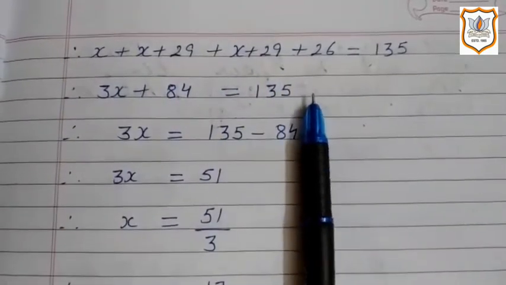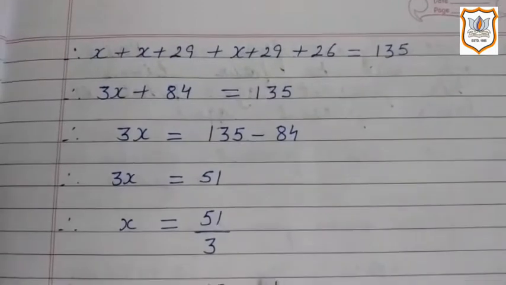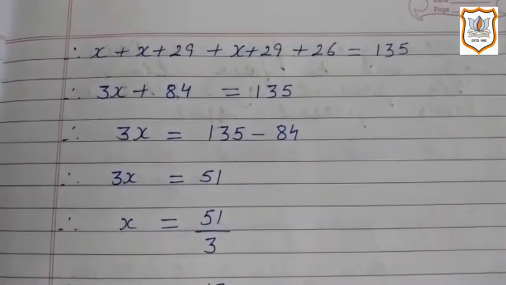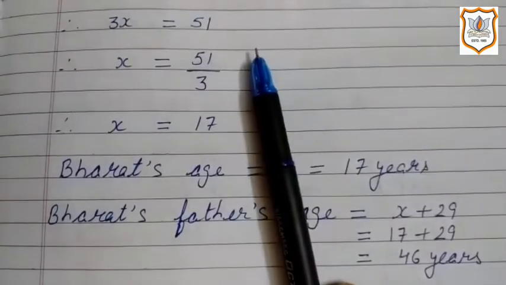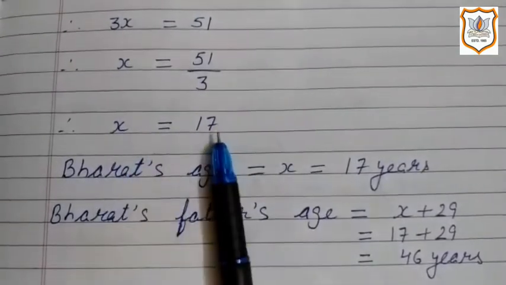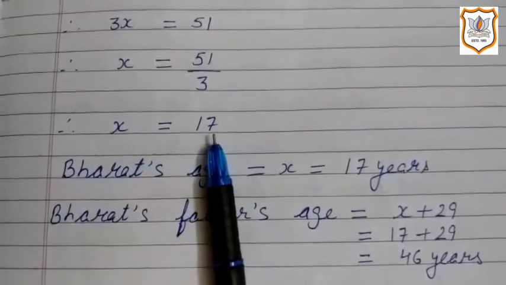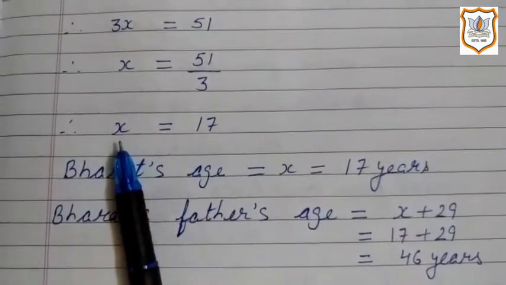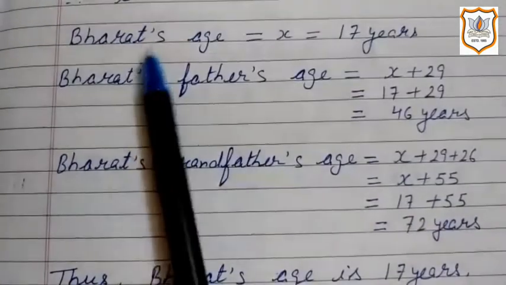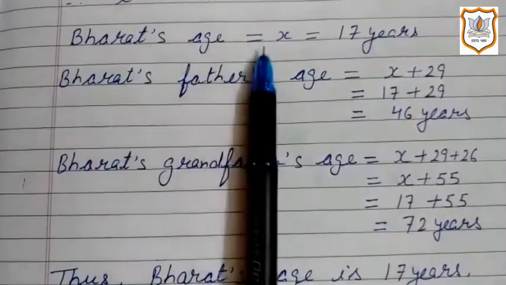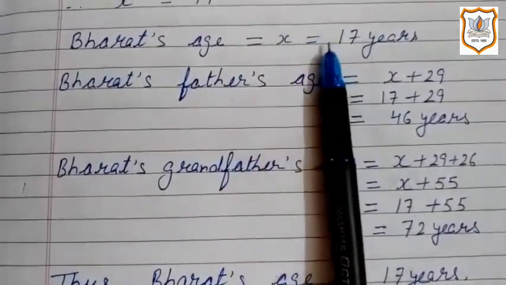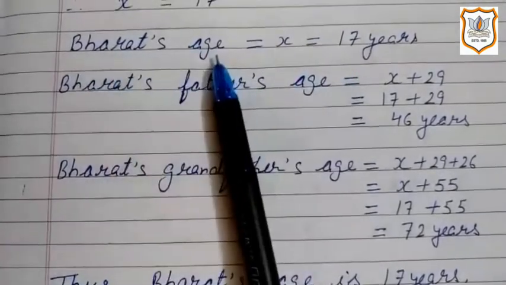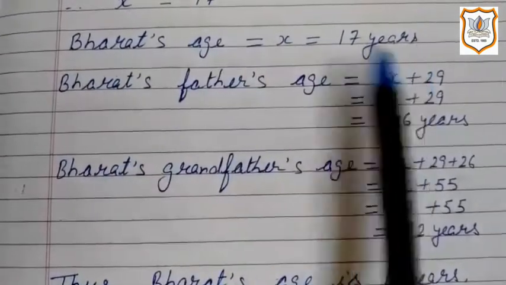Now we solve this equation by the transposition method. When we solve it, we get X as 17. X is Bharat's age, so Bharat's age is 17 years.